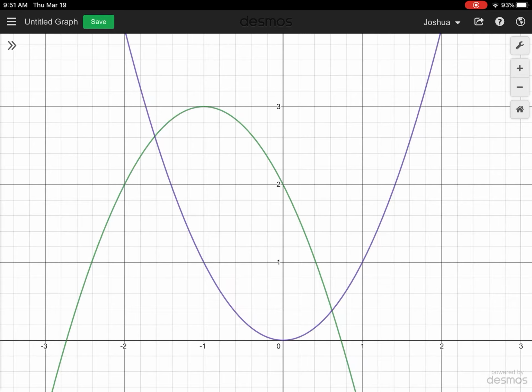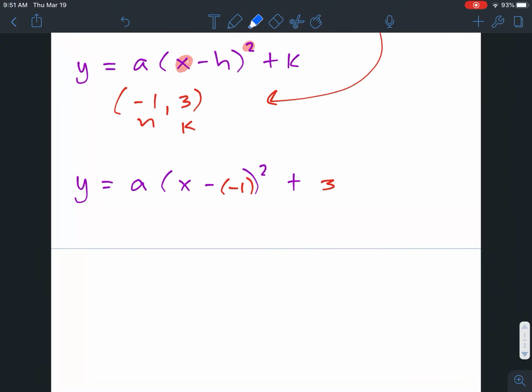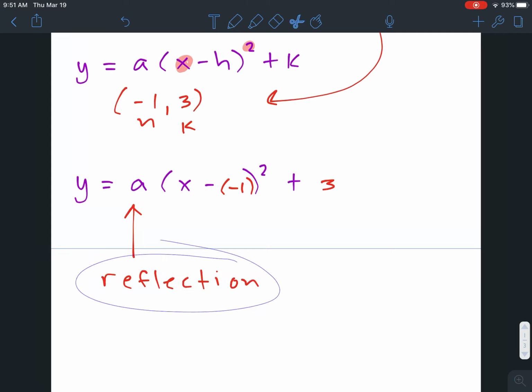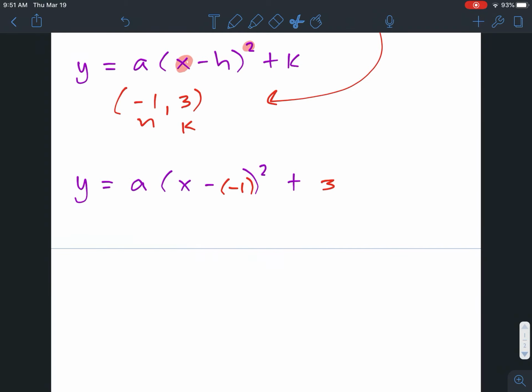And it also got reflected, so we know the reflection deals with the a value right there. Since this is reflecting over the x-axis, a fancy way of saying that is basically it's opening downwards instead of upwards, this a value has to be negative. And in this case, because it's not being vertically stretched, it is just a negative 1.